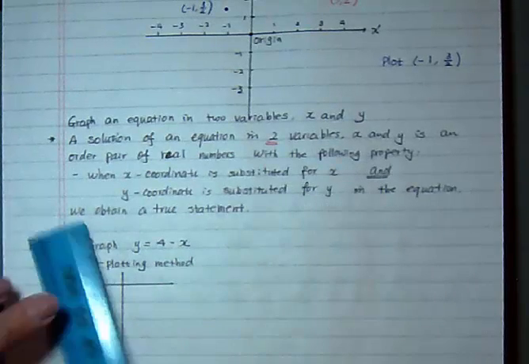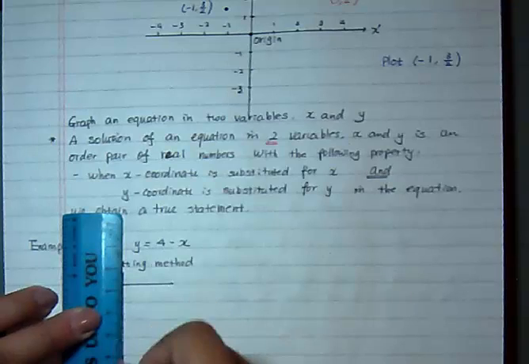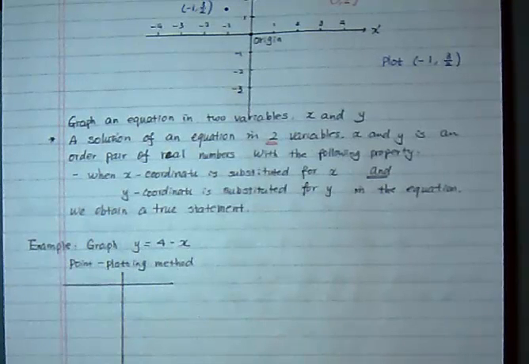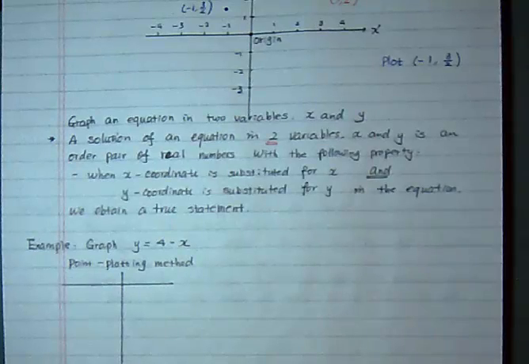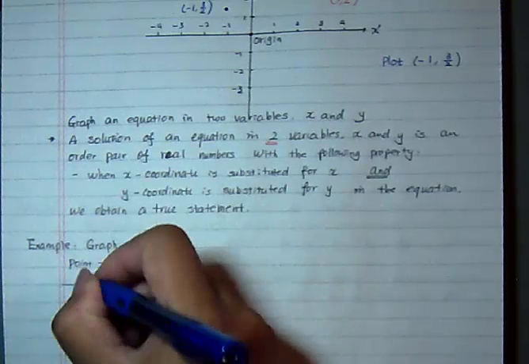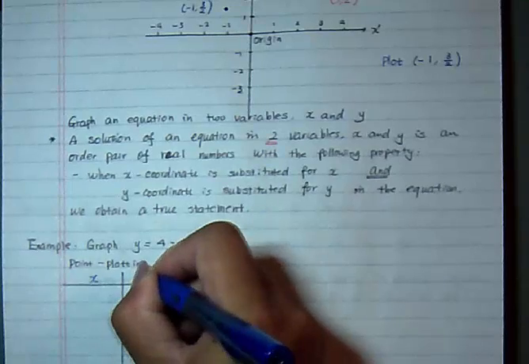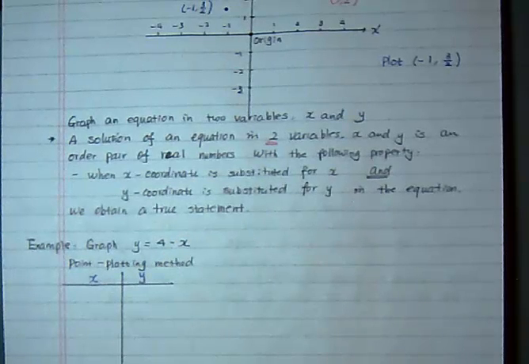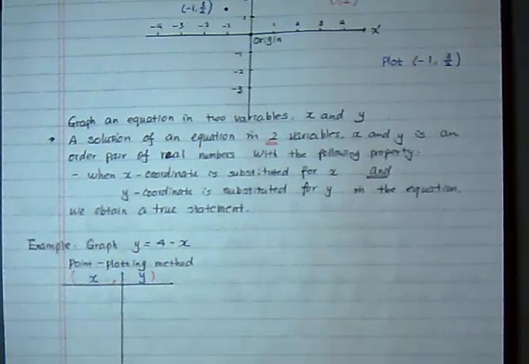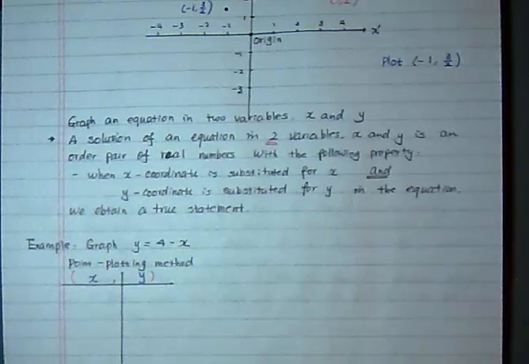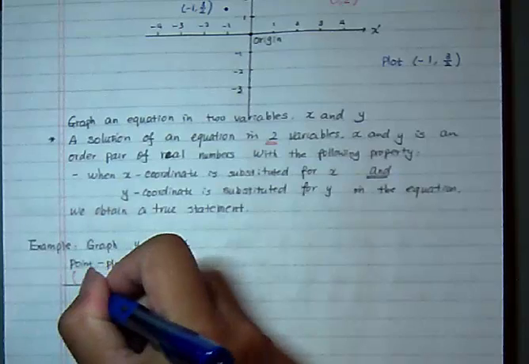In this example, I'm just going to select some integers, a few more than necessary, just to review how to evaluate the equation. For instance, I'm going to select x and then find y. I like this table because I can see my ordered pairs, so when I plot the points, it's easier. I call that a T-table. So I'm going to select x equal to -3.